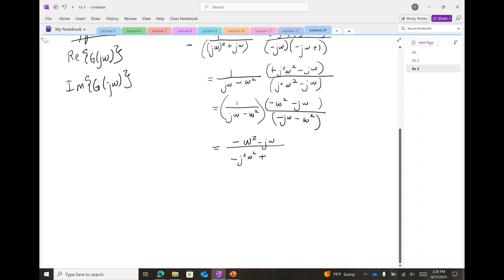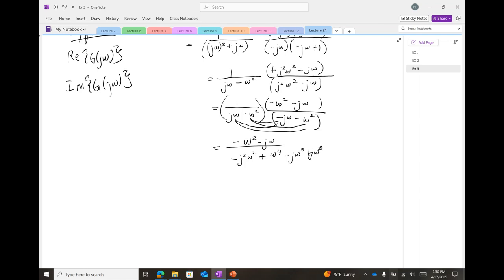So let me just write this out to show you what I mean. So we did this one, and we did this one. Now let's do j omega times minus omega squared. So we get minus j omega cubed, and then we get minus omega squared times negative, so this becomes a positive j omega cubed.